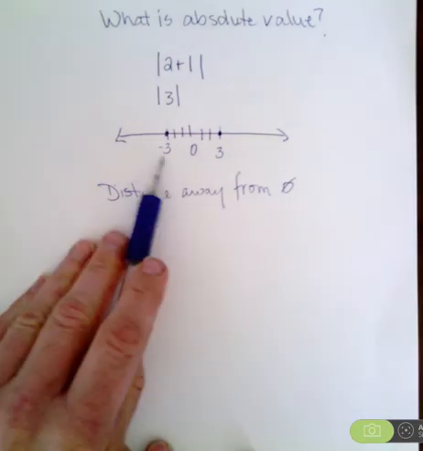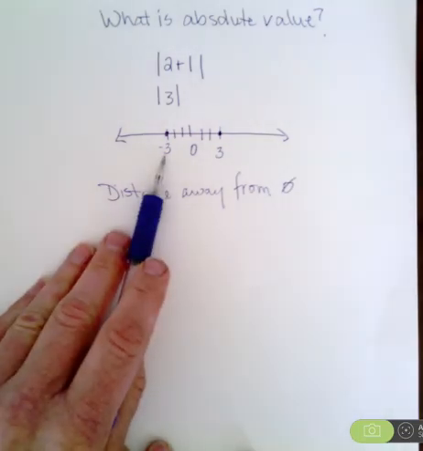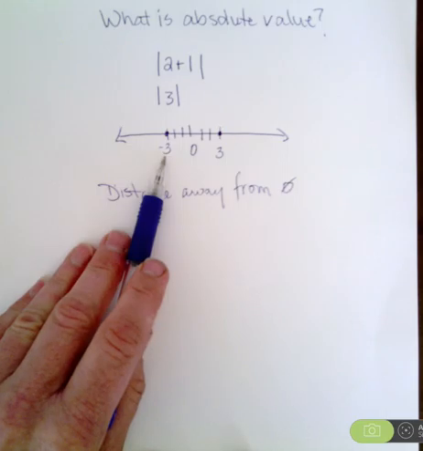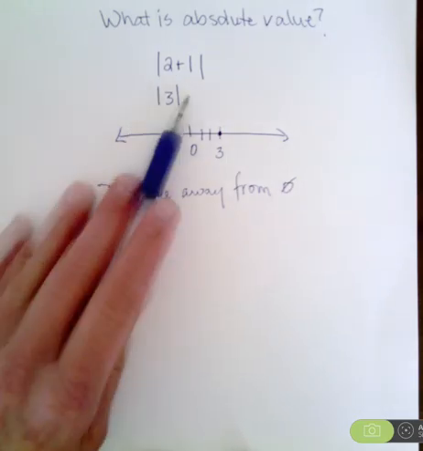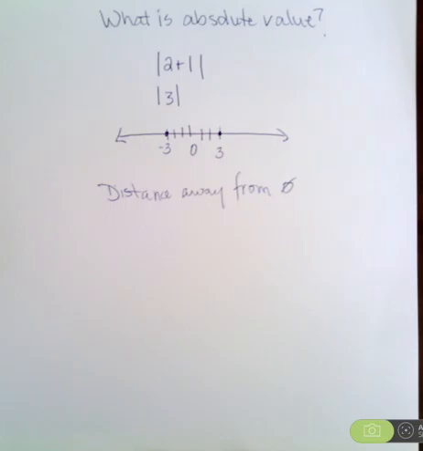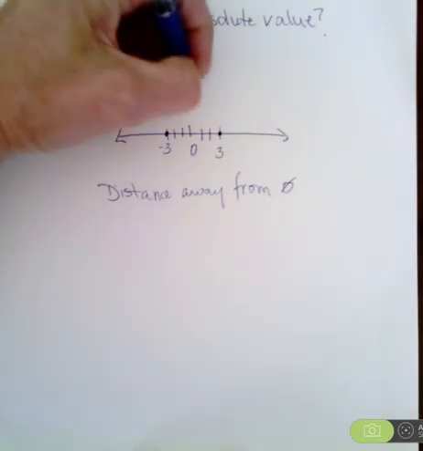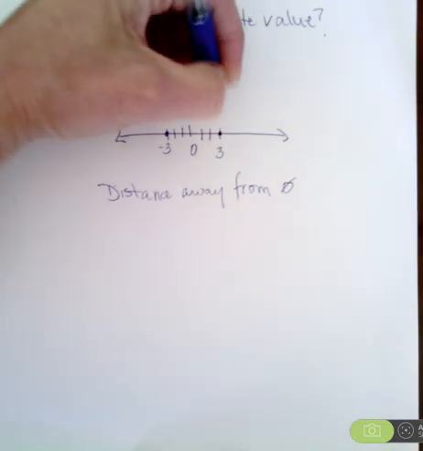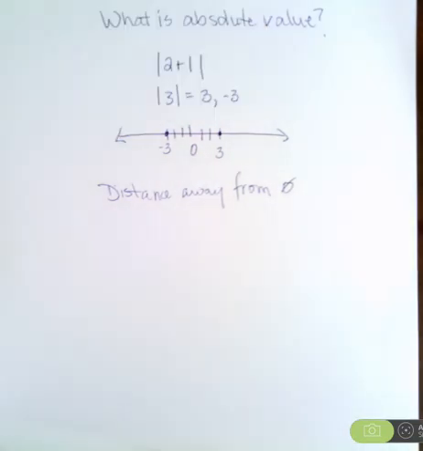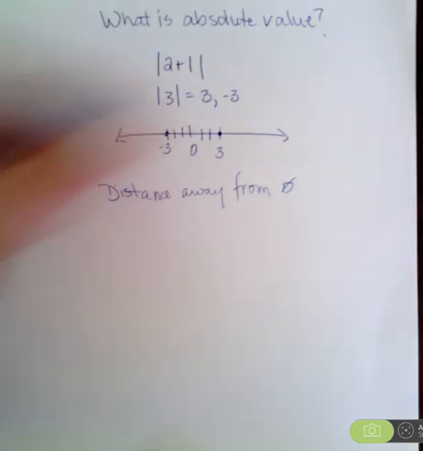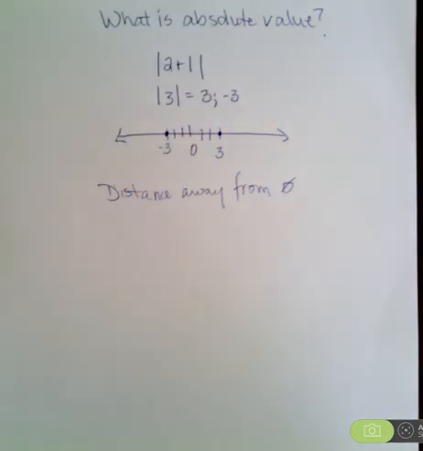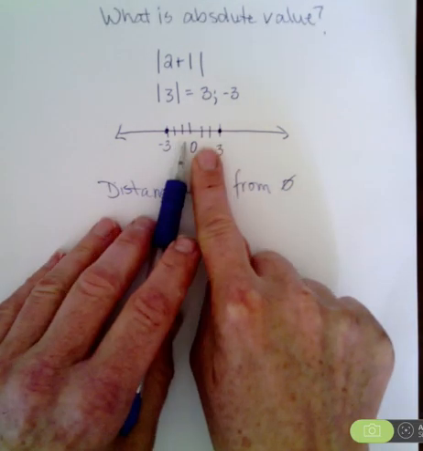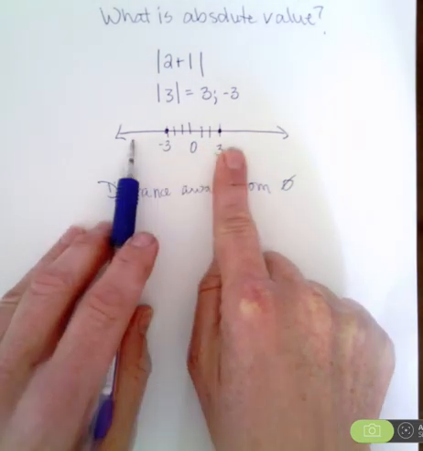And that puts us on the spot of -3. So when I ask you, what is the absolute value of 3? The absolute value of 3 is both 3 and -3. And this should be separated by a semicolon. 3 and -3, because we're talking about the distance away from 0.